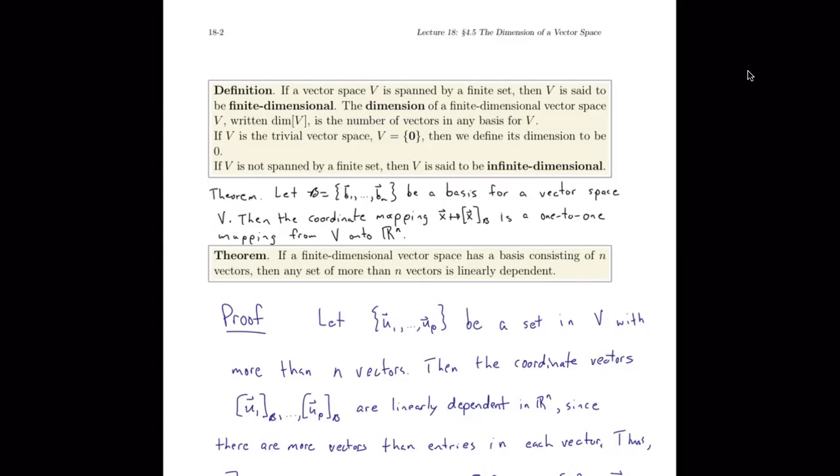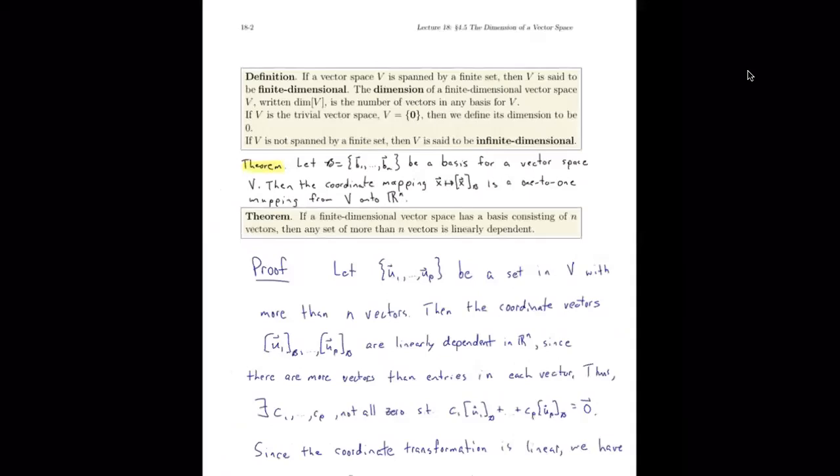But this theorem here actually comes out of section 4.4. It's one last thing we need about coordinate mappings. It's a useful theorem for proving the 4.5 theorem below it.